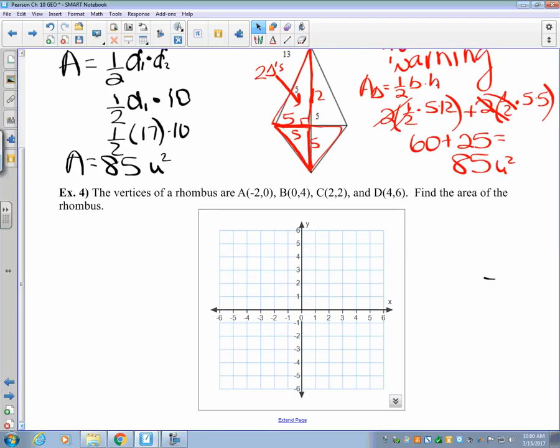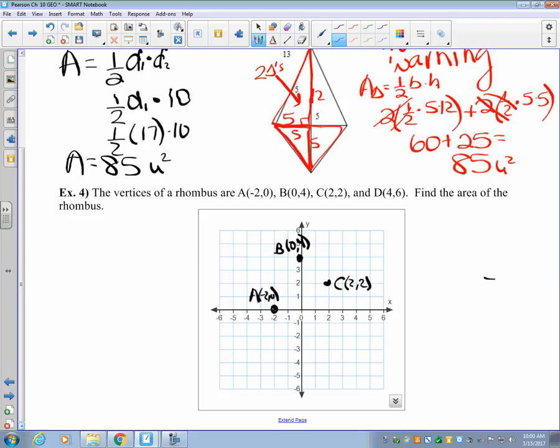All right, vertices of a rhombus, as I call them out, you guys will graph them on your graph. A is -2, 0. B is 0, 4. C is 2, 2.